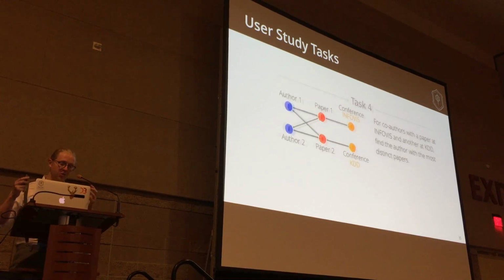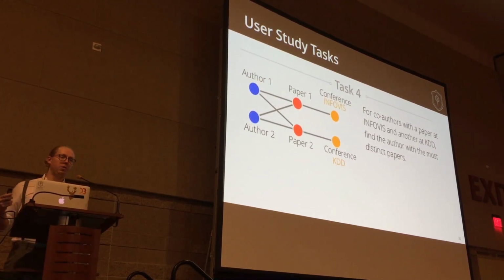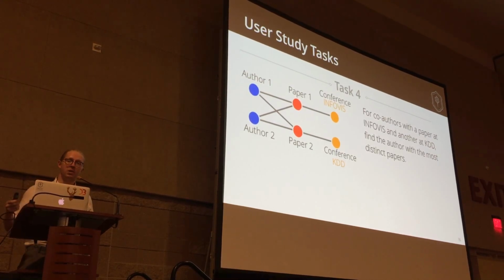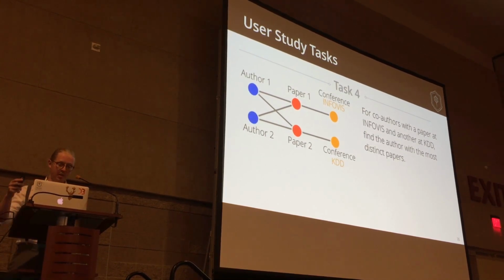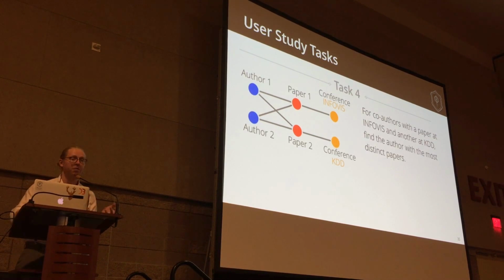Specifically, what we did is we chose to give people the query because we didn't want to confound our timing numbers with the query creation time as well as the time to perform these essential tasks. And so what they would get is they would get the query, it would then be sent to the system, they would get the results back, and they would have to perform these simple tasks, right? Like in this case, looking for the author with the most distinct papers between co-authors who've authored at both InfoVis and KDD.